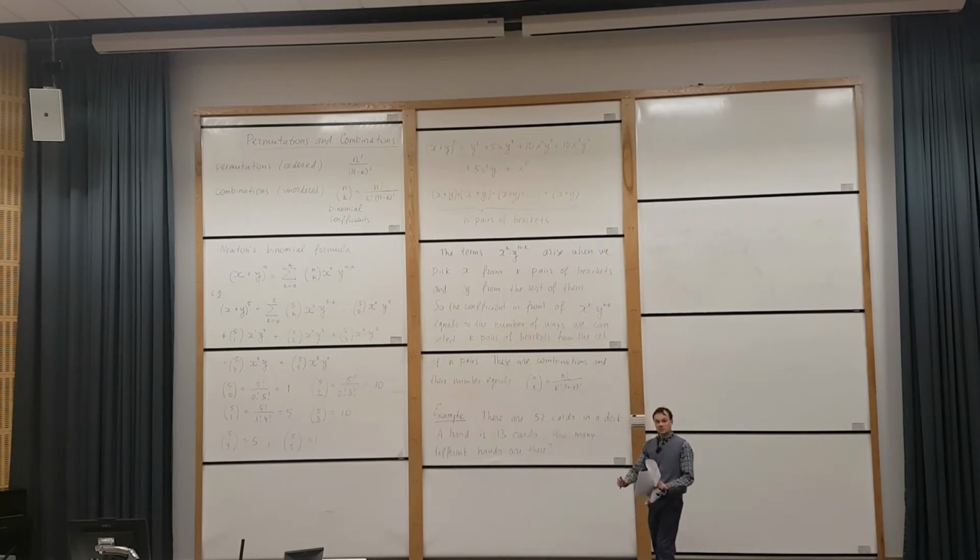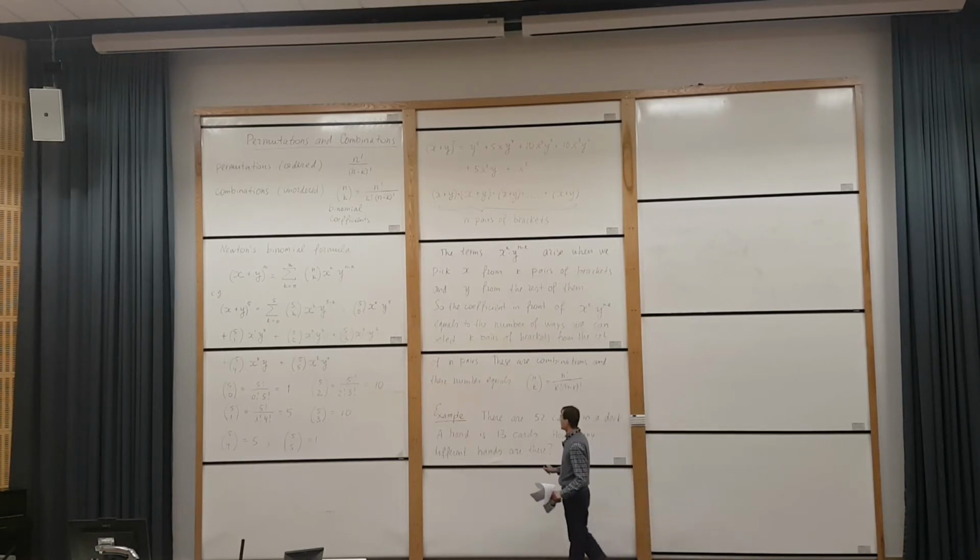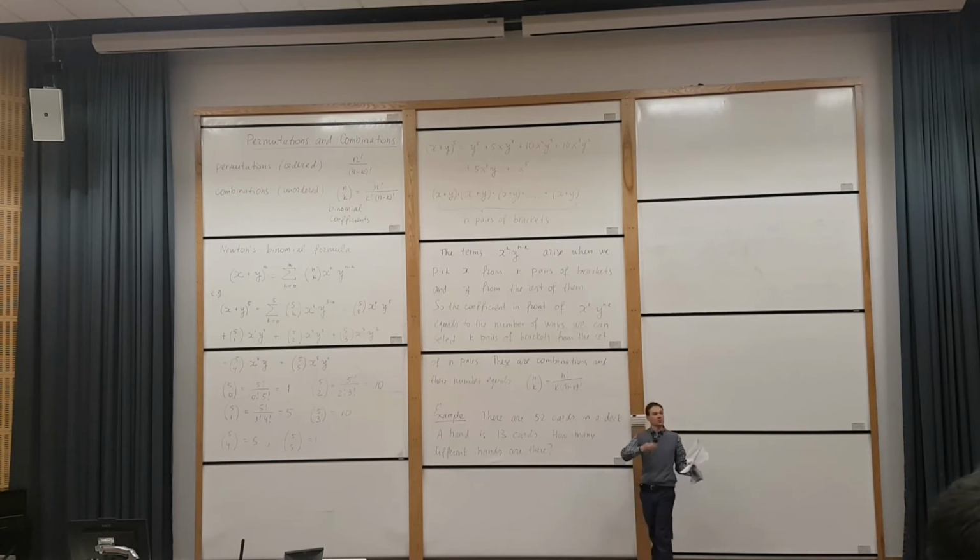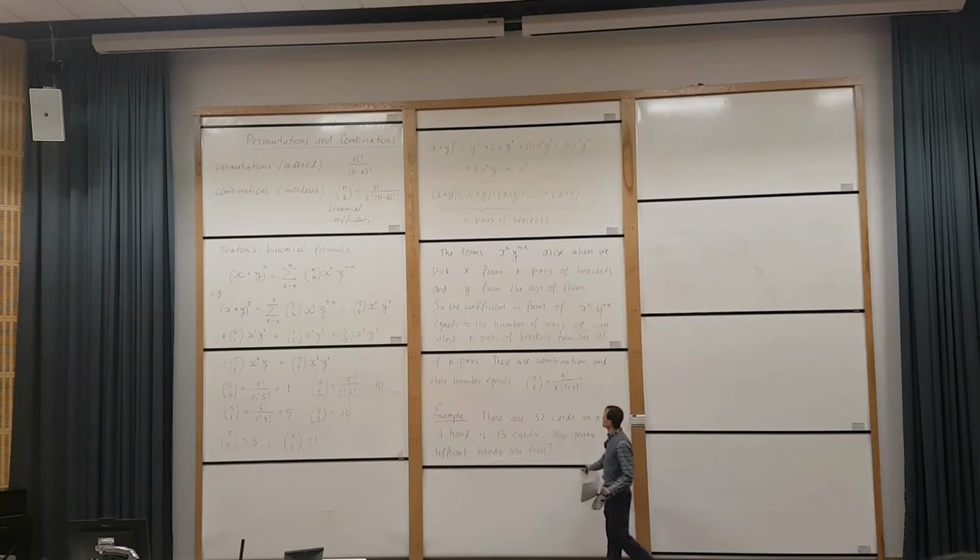So, as I just said, we have to select 13 cards out of 52. Repetitions are not allowed in the deck. Each card is unique. And the order in which you select them doesn't matter. So a hand is just a collection of 13 cards, not a collection with a specific order. So we're dealing here with combinations.